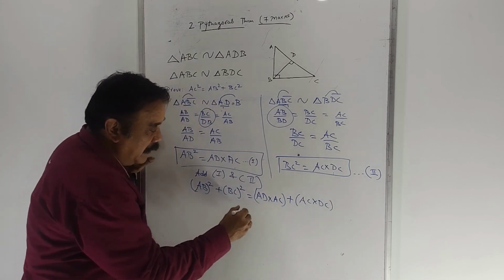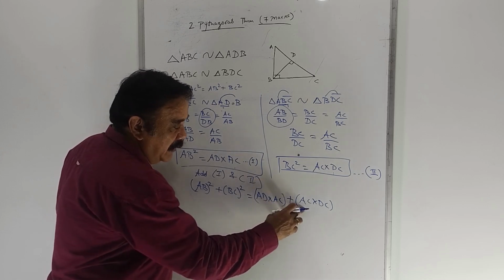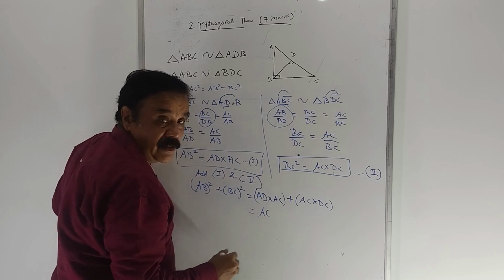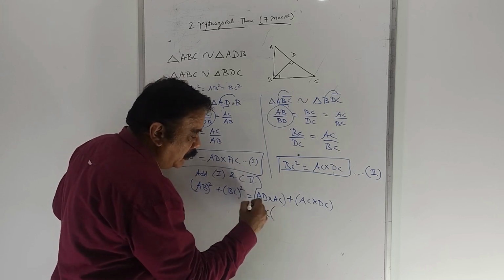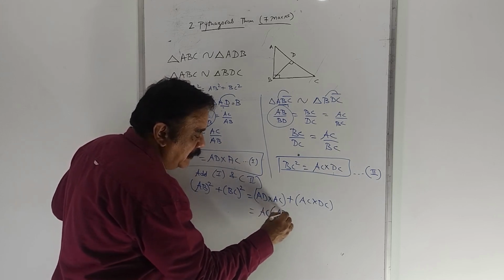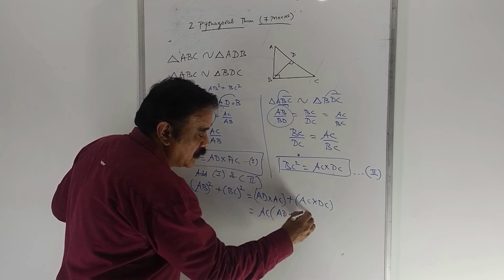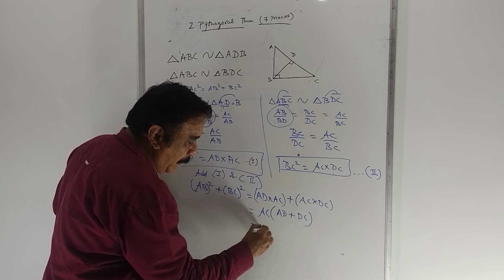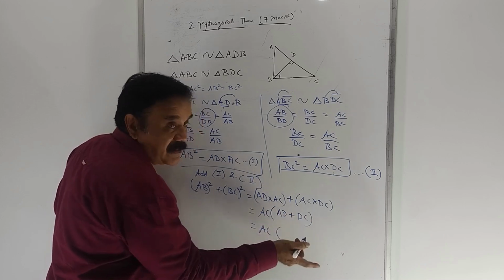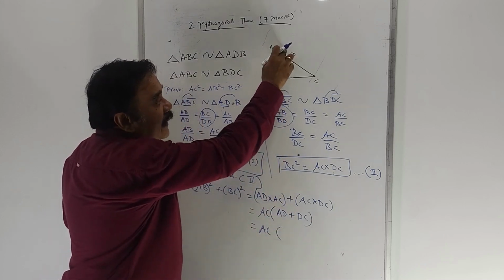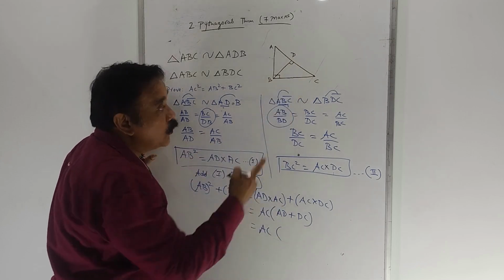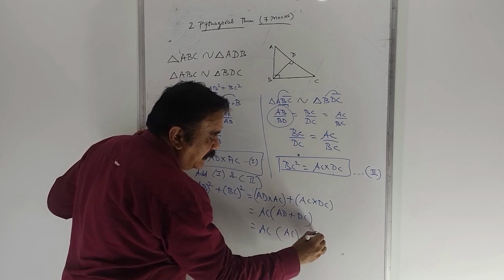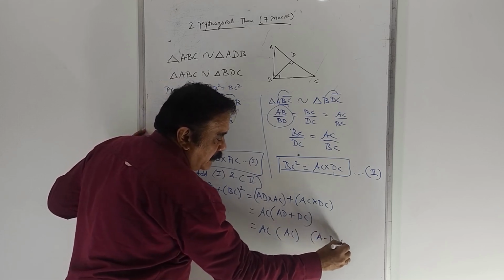Now here you see AD into AC and AC into DC. Is there anything common? Yes. What is common? AC. So if I take AC common, what will I get here? AD plus DC. Yes or no? Now you got here AC and AD plus DC. Now see here in the triangle, AD plus DC is nothing but AC. What reason I'll write? A-D-C.